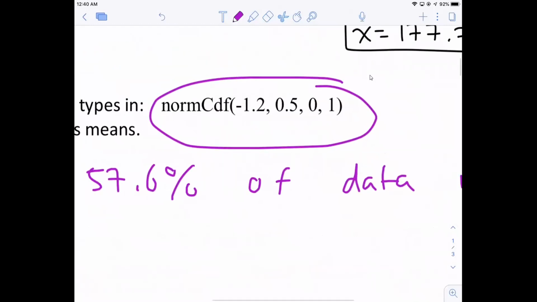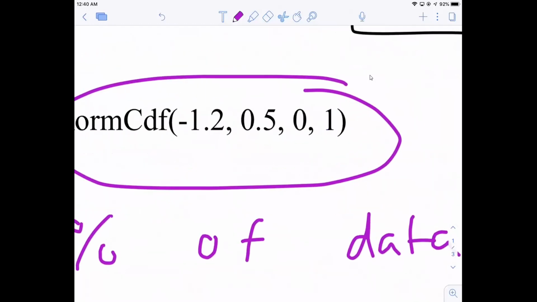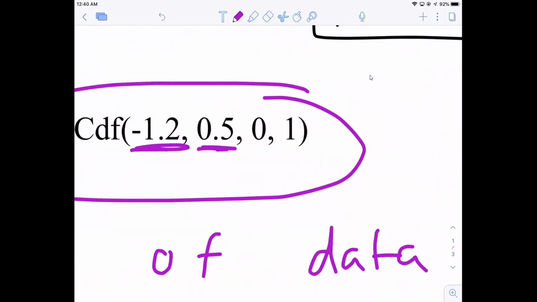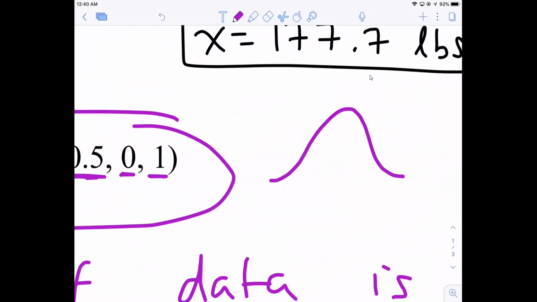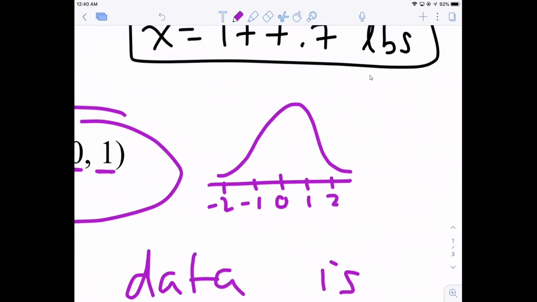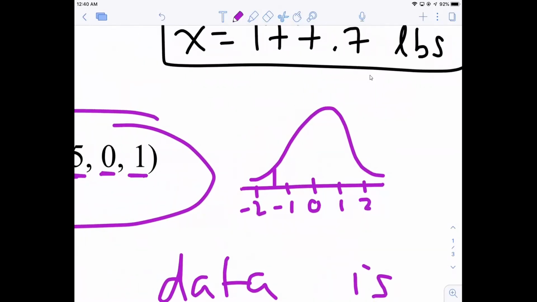is, well, let's look at this data. This is our lower bound. This is our upper bound. And because this is a 0 and 1, I know they are using z-scores. They're using this picture where that's 0, 1, 2 standard deviations above, -1, -2. So this is going from -1.2 to 0.5.